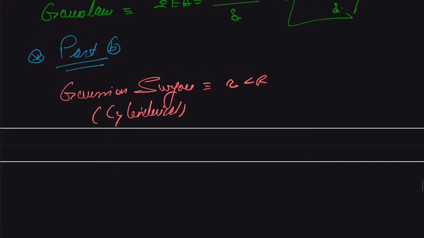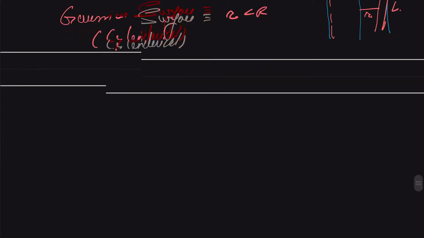So we can just draw an approximate figure. So this is our original cylinder whose radius is given as capital R, and we consider a Gaussian surface which has a radius of small r, something like this. So its radius is a small r which is less than capital R, and the length we have taken for this Gaussian surface is capital L.